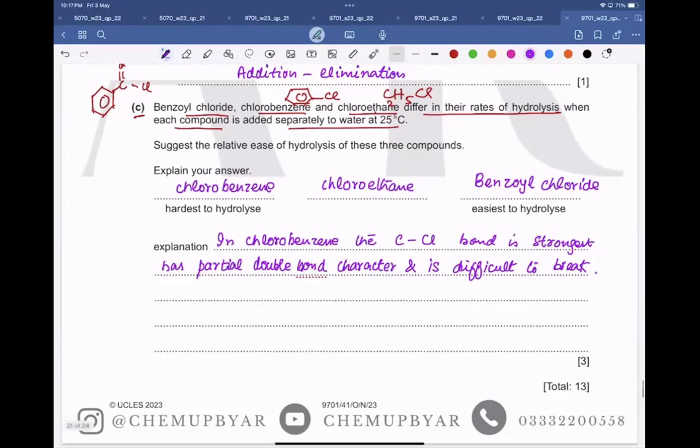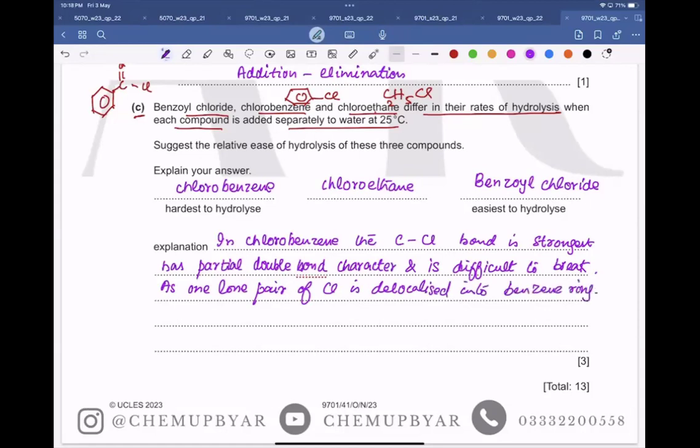Further, you can add over here that one lone pair of chlorine is delocalized into the benzene ring.